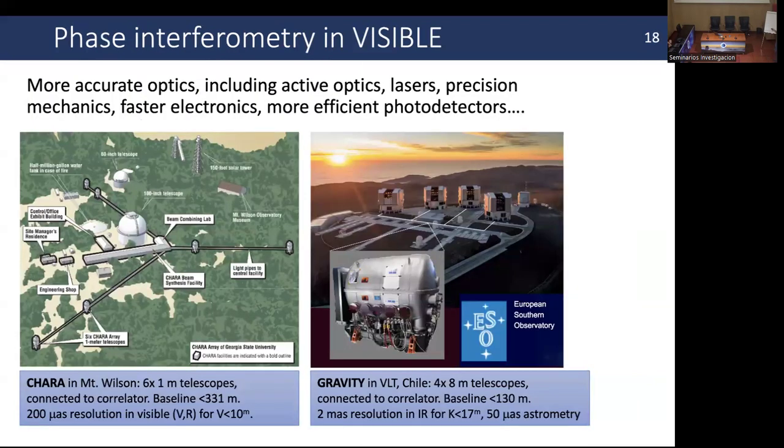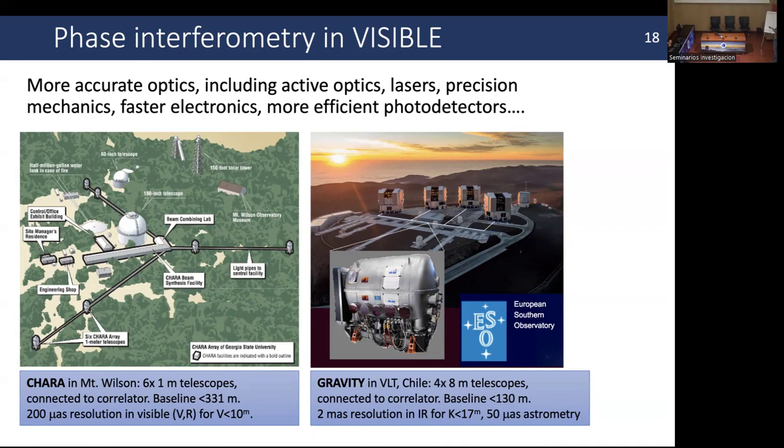So interferometry is evolving and has evolved in the last tens of years, and the state of the art is essentially this: the CHARA array, 6 one-meter telescopes in California, where you can reach 200 microarcsecond resolutions with baselines of some 100 up to 300 meters, okay?